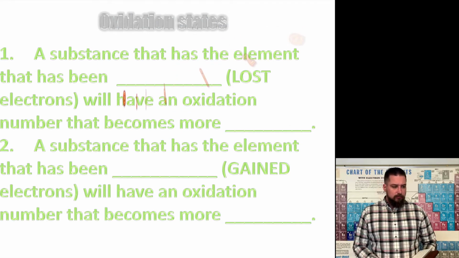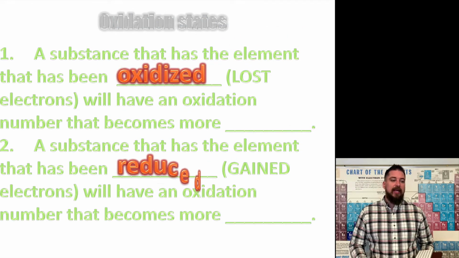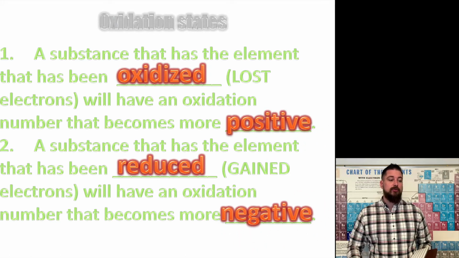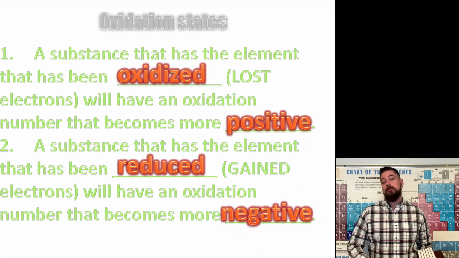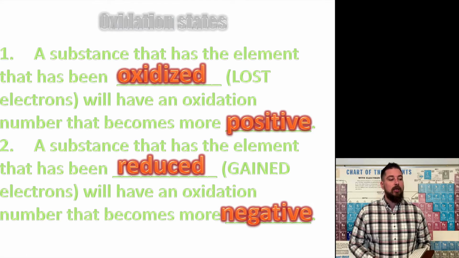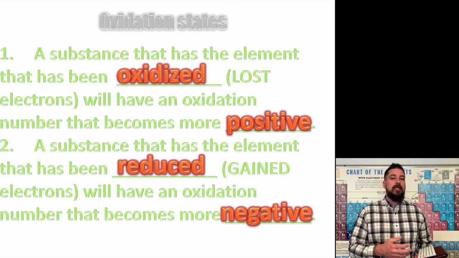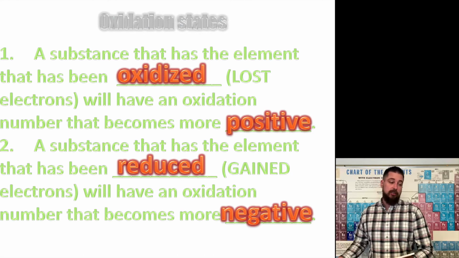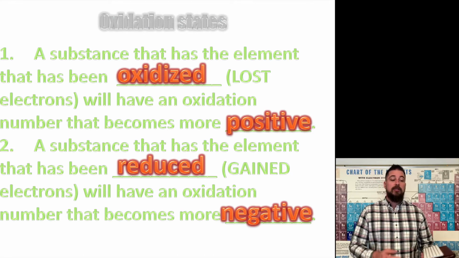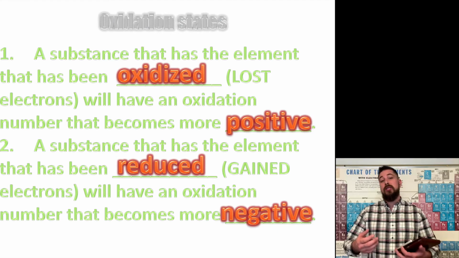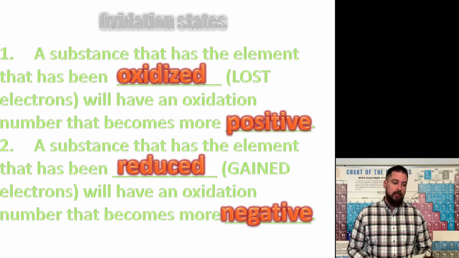Now, a substance that has the element that has been oxidized will have an oxidation number that becomes more positive. When we go through an example, we'll talk about this. The reason is that a substance that is being oxidized is losing electrons, and if it's losing electrons, it's becoming more positive. A substance that is being reduced is gaining electrons, so the oxidation numbers become more negative.